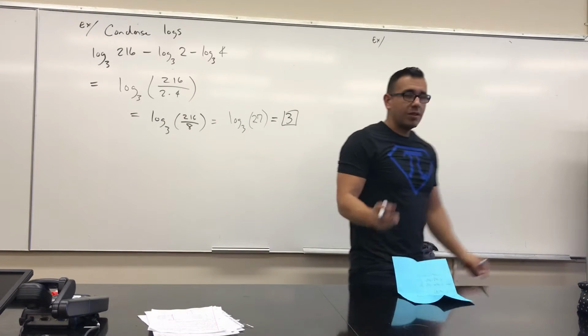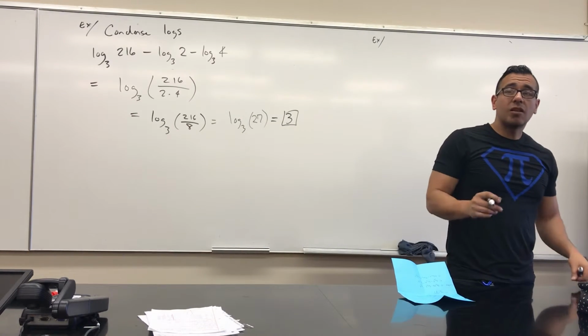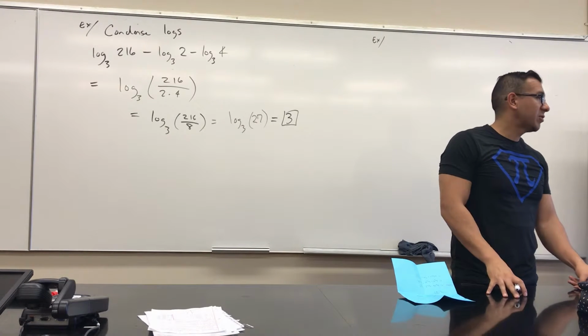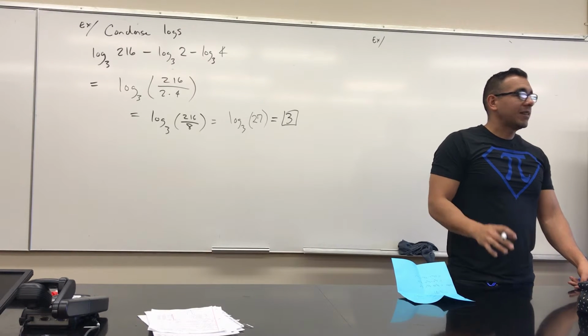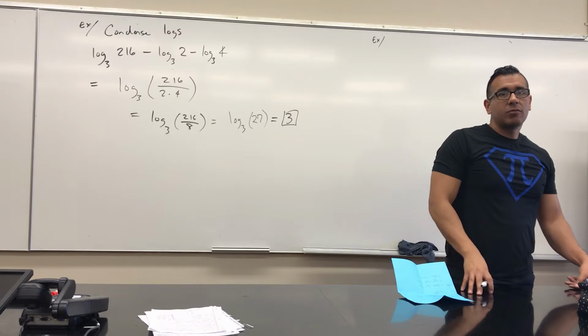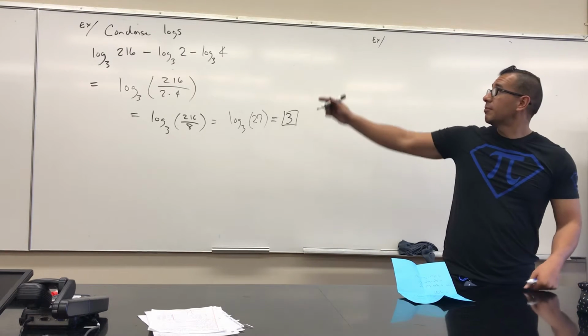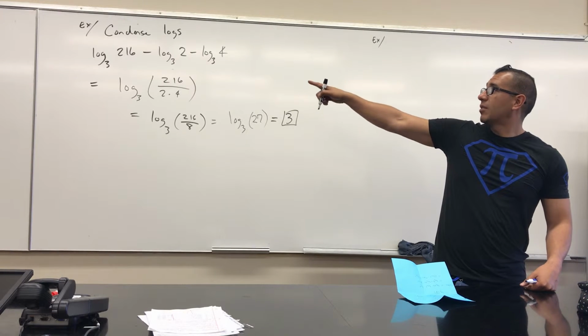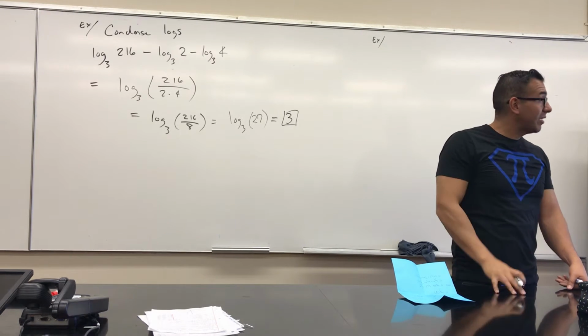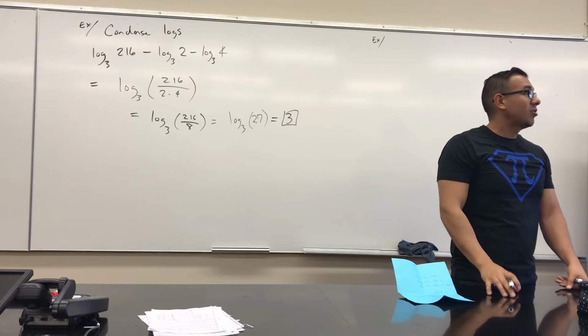For our arguments, the arguments always have to be greater than 0. And in our definition for logs, we're going to see that the argument has to be greater than 0, because if I were to make that log base 3 of negative 216 and I punch it into my calculator, I'll get an error.